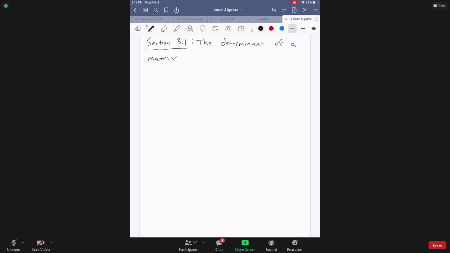And last but not least is the coordinate-free definition, meaning if you've ever heard of the buzzword manifolds, you also have a definition in that sense. In this class we'll focus on the first one, the Laplace one.